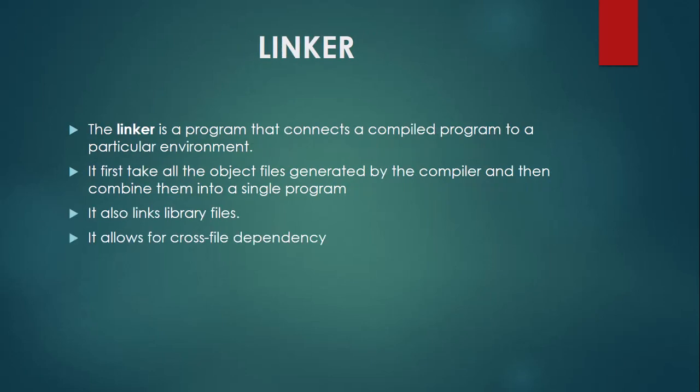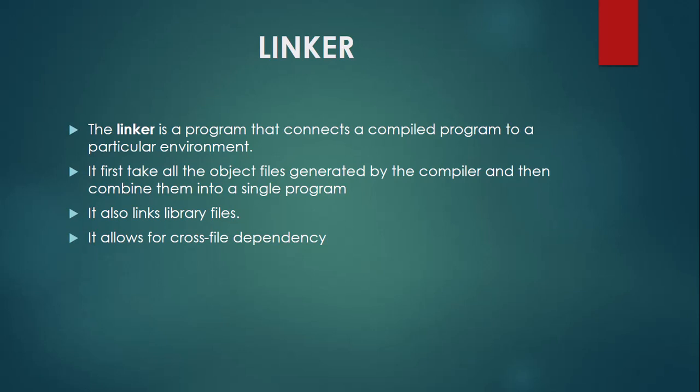Now we move to the linker. After the compiler creates one or more object files, the linker comes in. The job of the linker is to take all the object files generated by the compiler and combine them into a single executable program. The linker is a program that connects a compiled program to a particular environment.